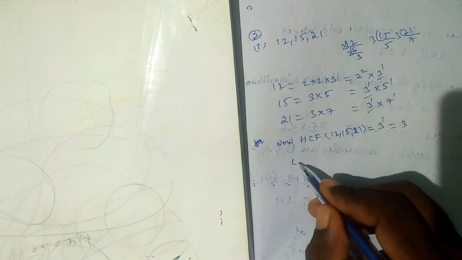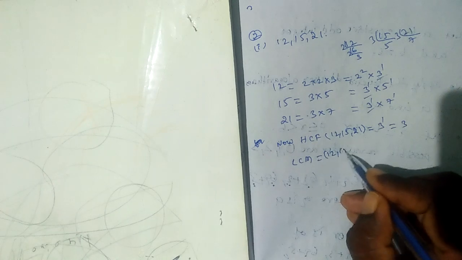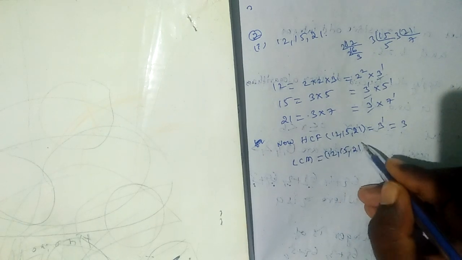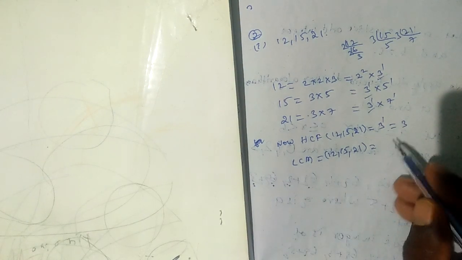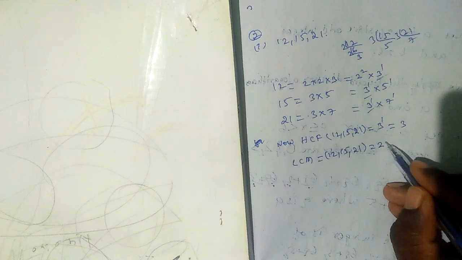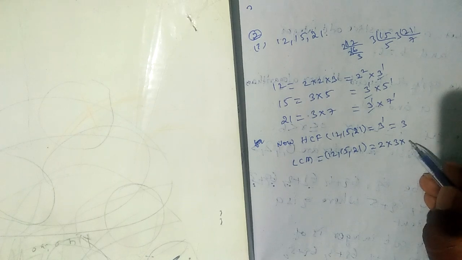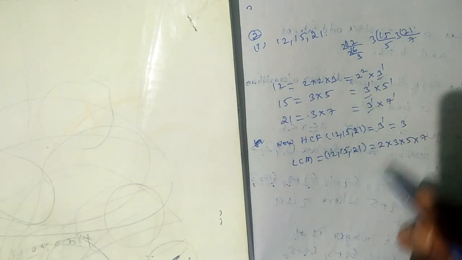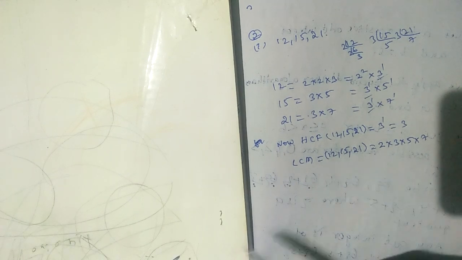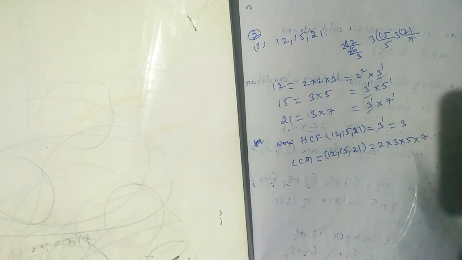Now LCM of 12, 15 and 21 is equal to... Now you write all the factors. So what are the factors? 2, 3, 5 and 7. These four prime numbers are present in these three numbers: 2, 3, 5, 7.